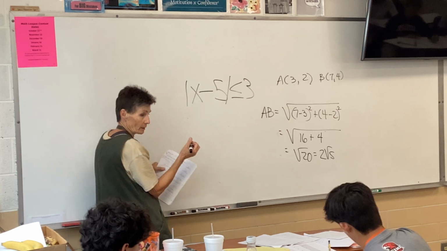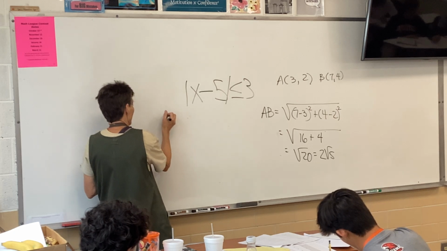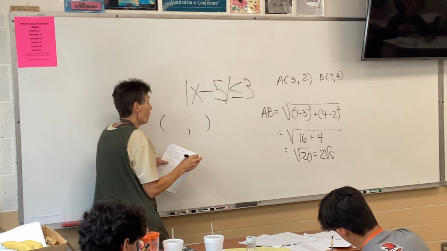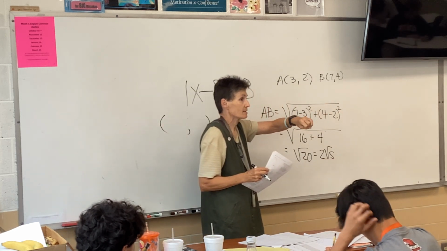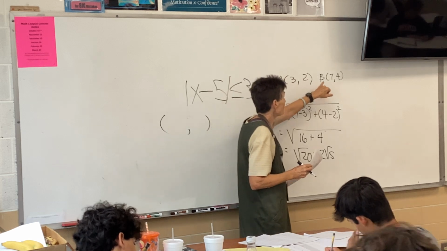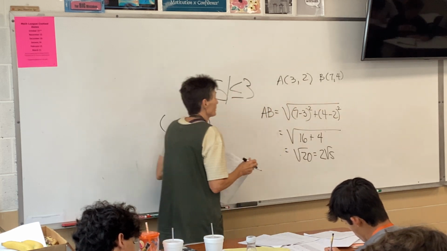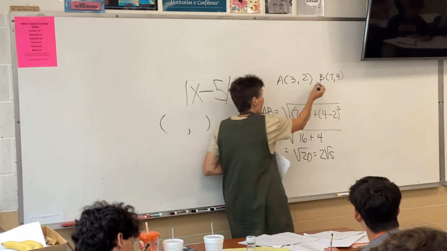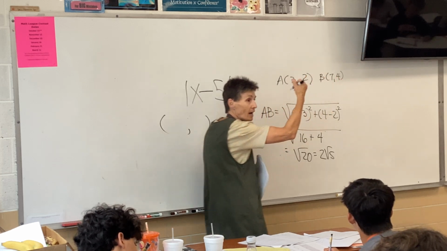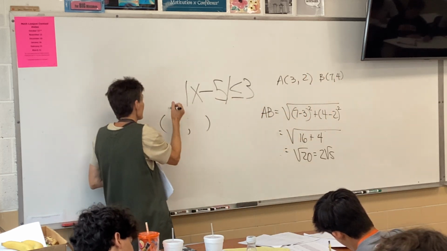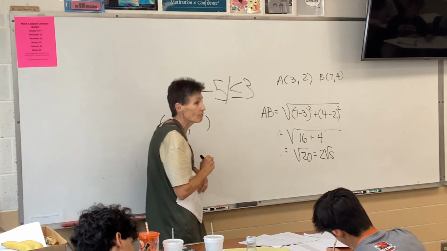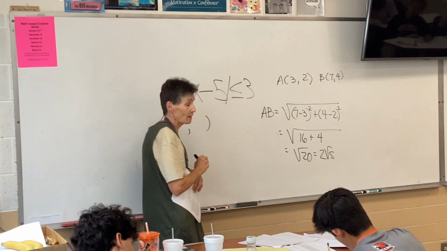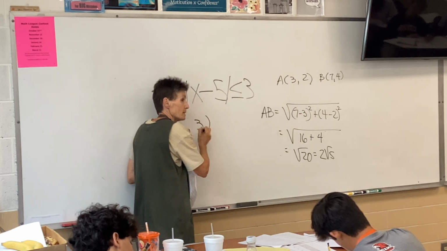Midpoint, all right? So take your 2 points and find the average x. What is your average x? When I add these, I get 10, but I have to divide by 2, so it's 5. 2 and 4 divided by 2 is 3.